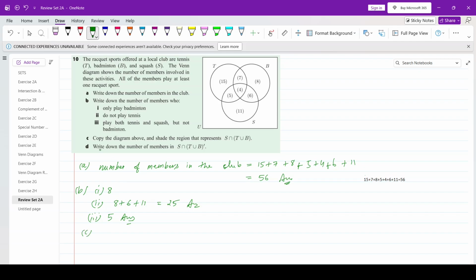Part C says copy the Venn diagram above and shade the region that represents S intersection T union B. So T union B is going to be this region. And intersection with S is going to be only this region.